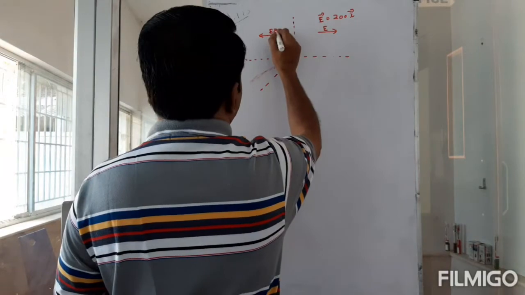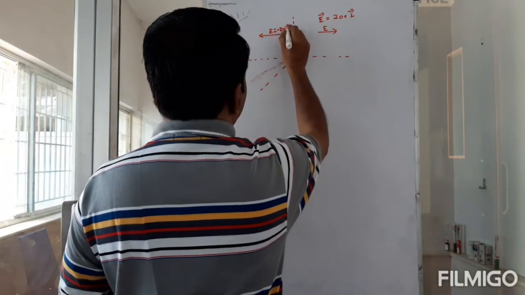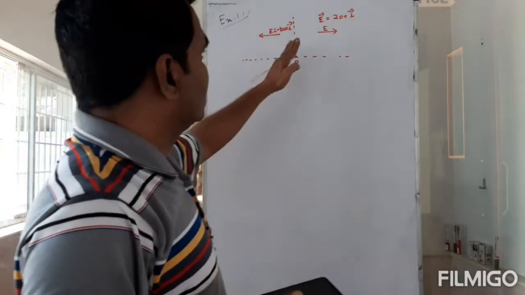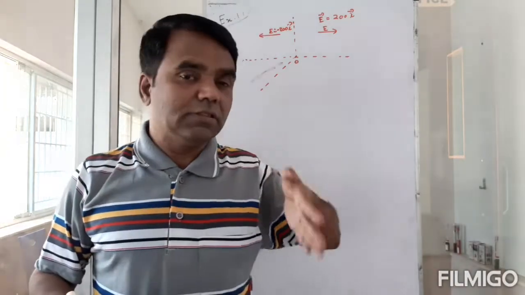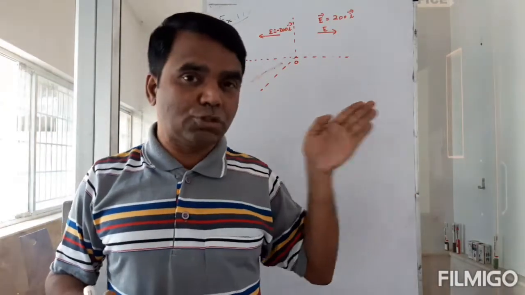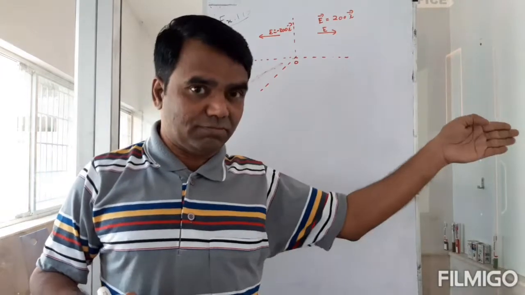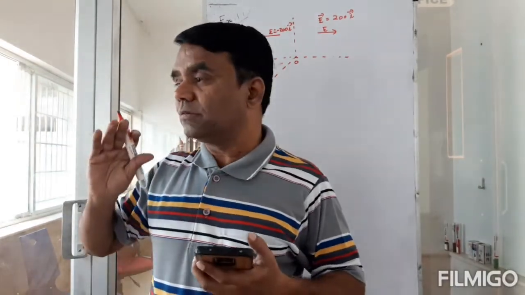But again, it's constant. So minus 200 i. So if this is the origin, the field is 200 units in this direction, and again the same 200 units in this direction, constant.